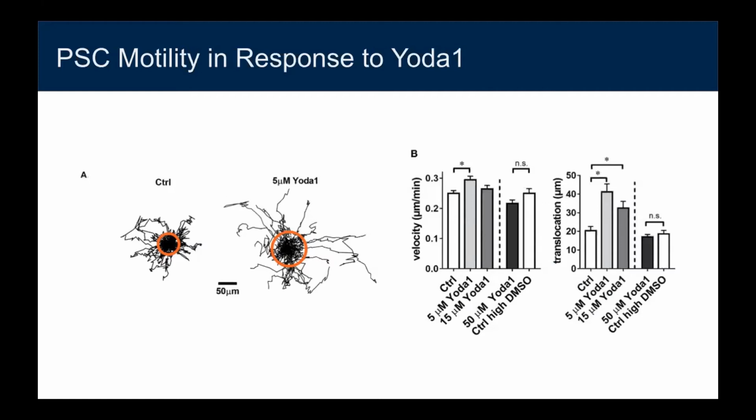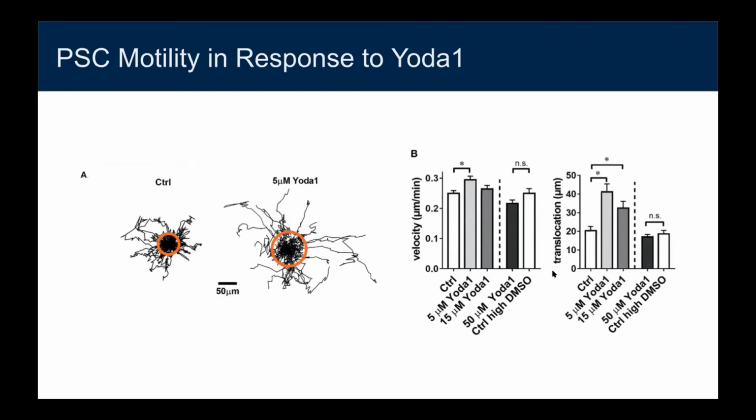And then in B, they're showing a quantification of this. On the left, they're showing velocity. There's a significant difference in speed, but not super drastic between Yoda1 and the control cells. But with the translocation on the right, you can see there's a very large difference in how far they travel from the center.